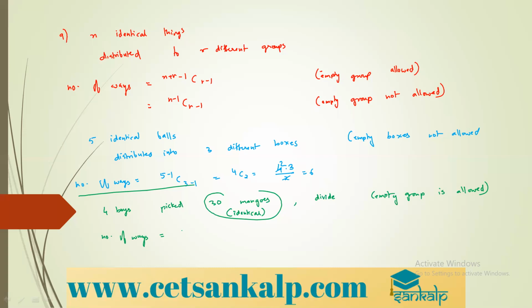For that, you have to use the formula n plus r minus 1 C r minus 1. 30 plus 4, 34 minus 1, 33C3. Start with 33, take 3 numbers, 32, 31, divided by 3 factorial, that is 6. So 2 3s, 2 16s, 3 11s. And when you multiply this, you will get 5,456 ways.